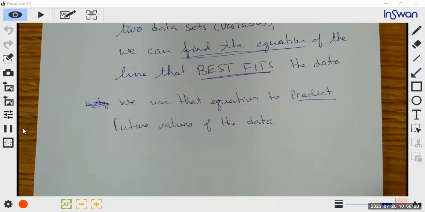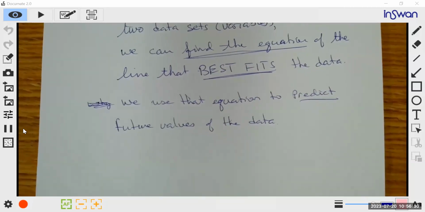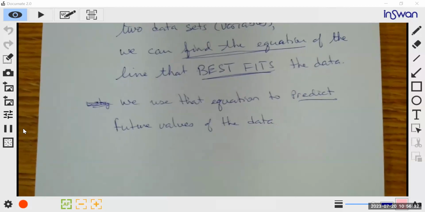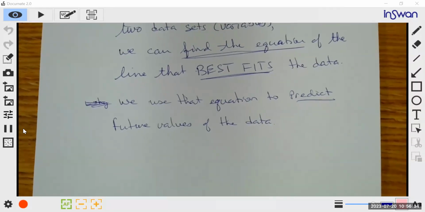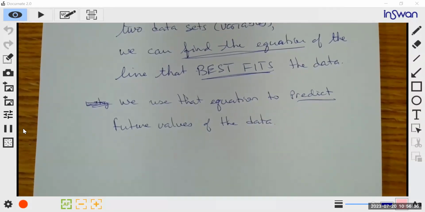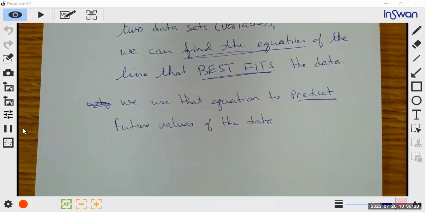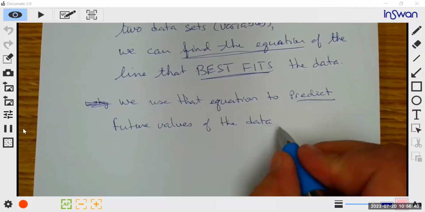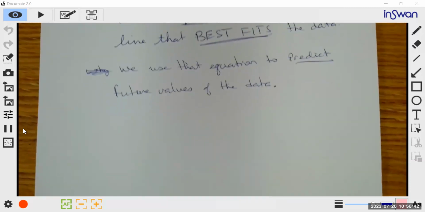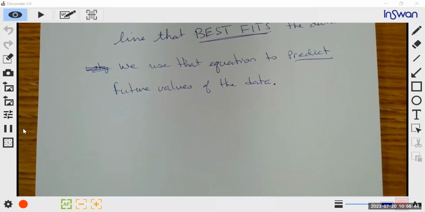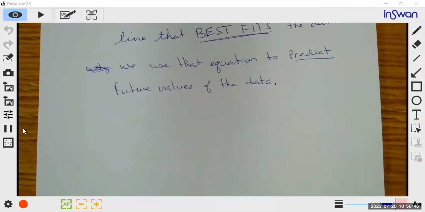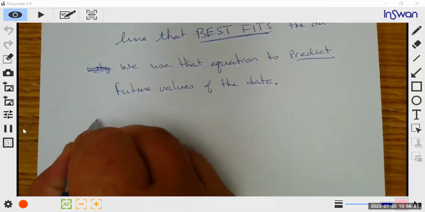Because if there's a strong correlation, then we see that X's and Y's grow together or go down together. Then we can put an equation of a line through there. Once we find that equation of a line, then we plug in the values in there. What kind of lines are going to be? Remember, we're talking about what kind of regression? Linear correlation regression.